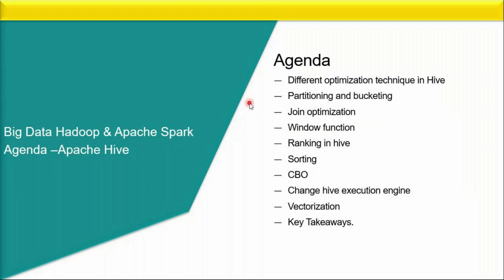Moving further, we have moved towards advanced Hive, and what I have mentioned is that if we are talking about advanced Hive, then there are three main things that we can do. First, once we are creating the table, we can do optimization on top of the tables while creating them.